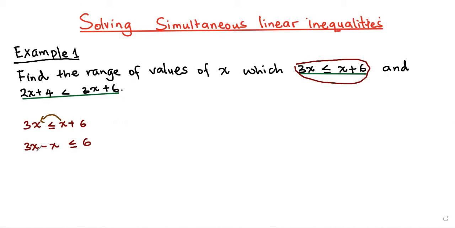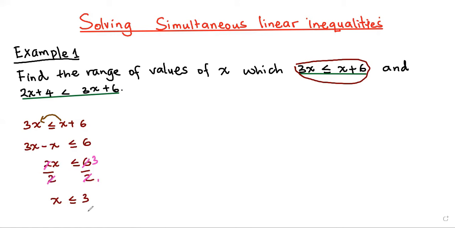Now 3x minus x, we will get 2x, which is less than or equal to 6. Now we will divide on both sides by 2, and you find that 6 divided by 2, you get 3. So our answer will be that x is less than or equal to 3.